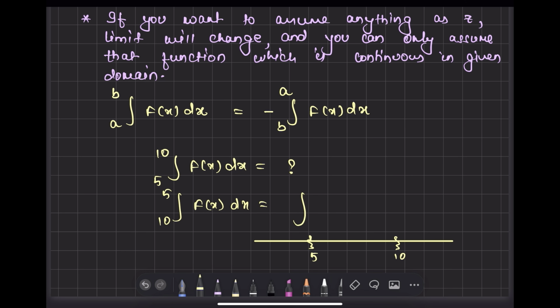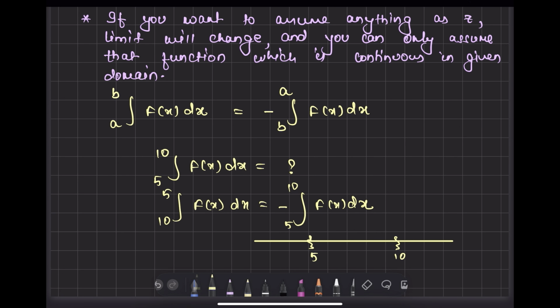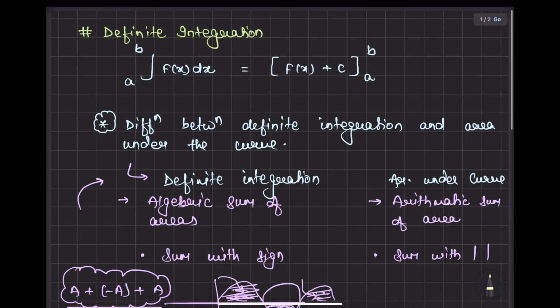Means here you can do minus of 5 to 10 f of x dx. This situation is important. I hope you got some basic idea that definite integration gives us area under the curve with the signs, positive signs, negative signs. But area under the curve gives you positive area only.